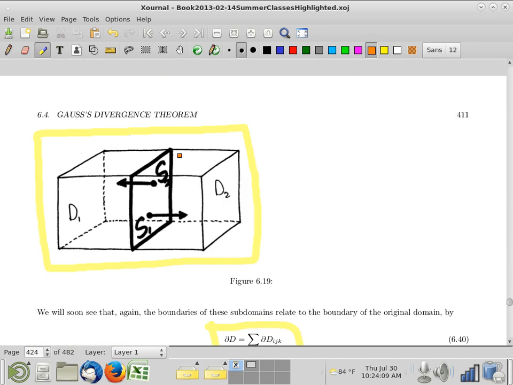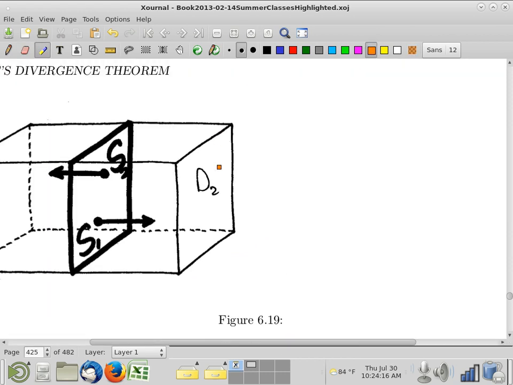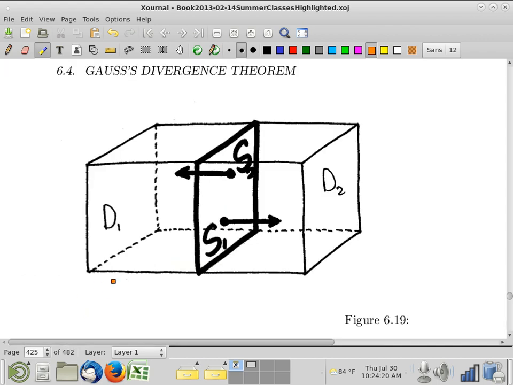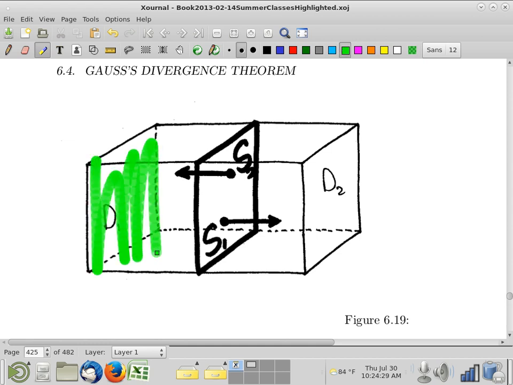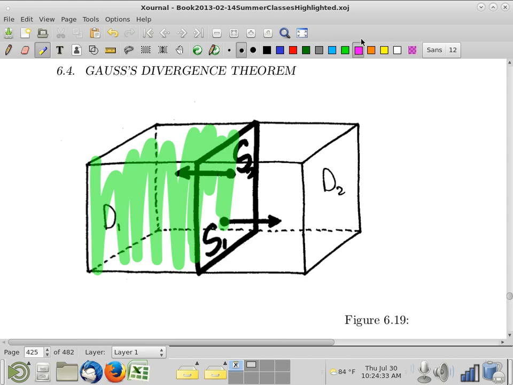Well, let's take a look at this picture. So here's a blown up view of 2 of these connected, sort of contiguous pieces. Let's look at this solid here, D1. That D1 has 6 different faces.